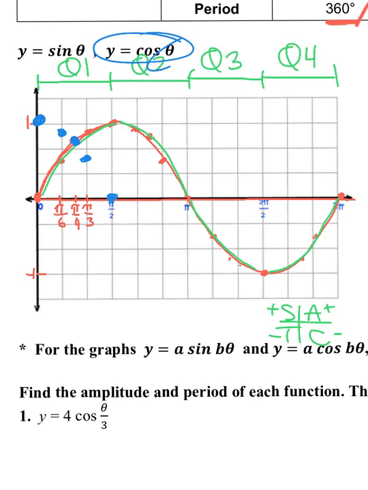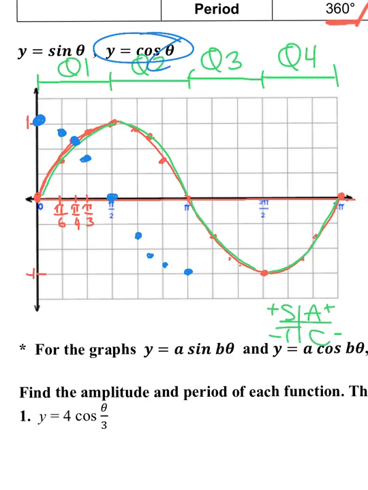All right, and keep going. At 2 pi over 3, I'm at negative 1/2. At 3 pi over 4, I'm at negative rad 2 over 2. So we're just approximating here. And at 5 pi over 6, I'm at negative rad 3 over 2. And then at pi, I'm at negative 1. All right, and we just keep on going.